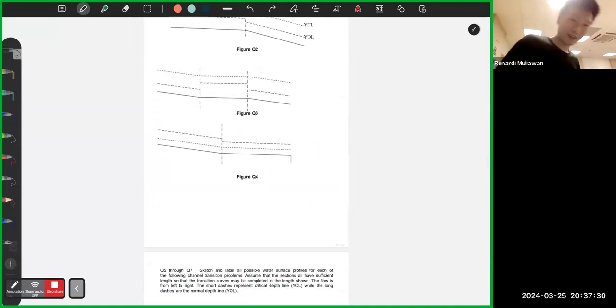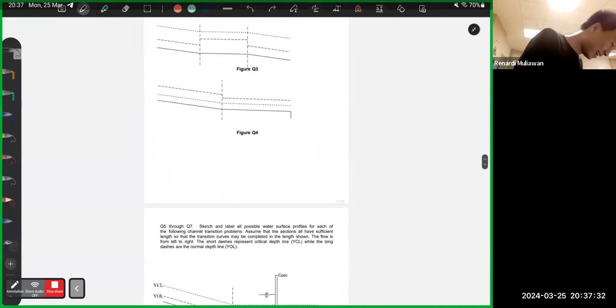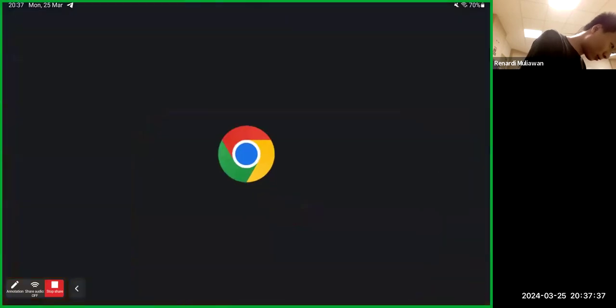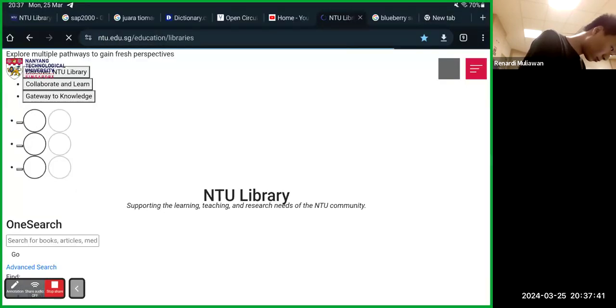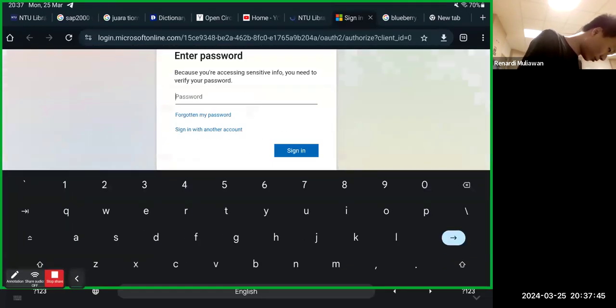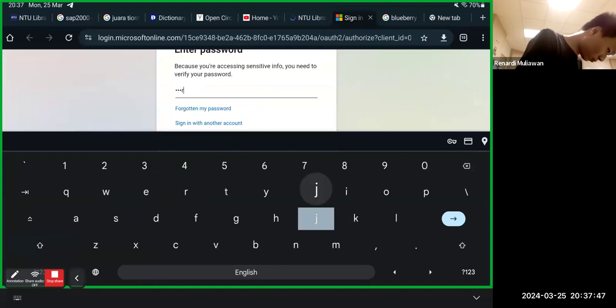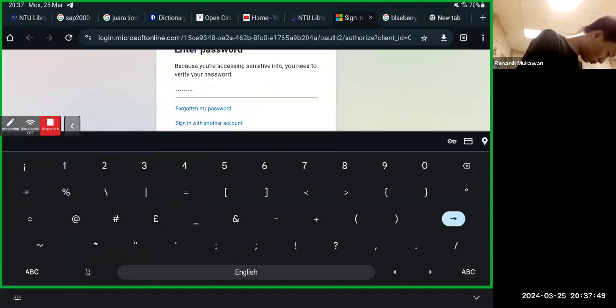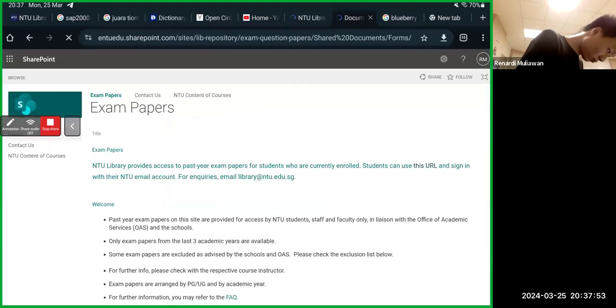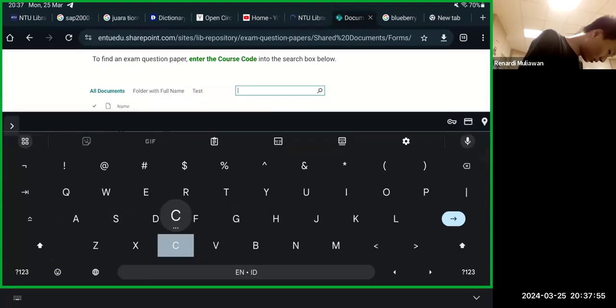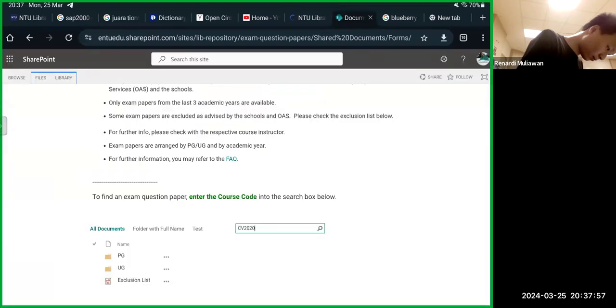So wait, let me open the NTU library then. NTU library password. Okay, so CV 2020.